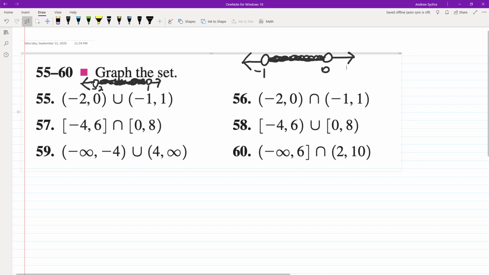All right, so 57. Zero to 6. But 6 is bracketed, so it's going to include it. It's going to bracket both.